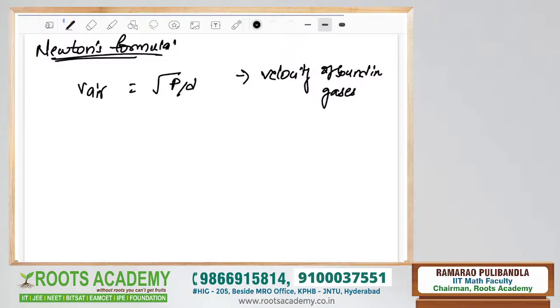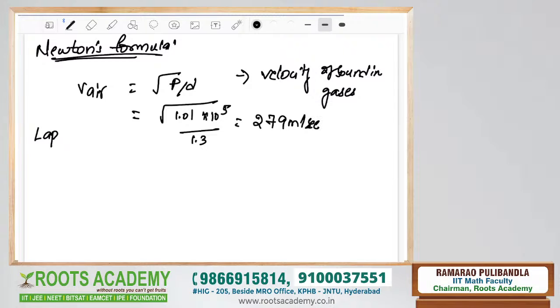So this is Newton's formula for the velocity of sound in gases. As rho is a constant, the value is 1.01 into 10 to the power of 5 divided by 1.3. This gives you 297 meters per second. This is the constant value, and this is an isothermal process. And next, the Laplace correction.